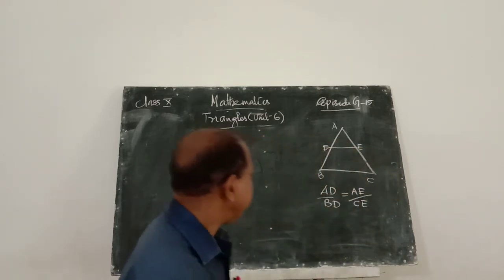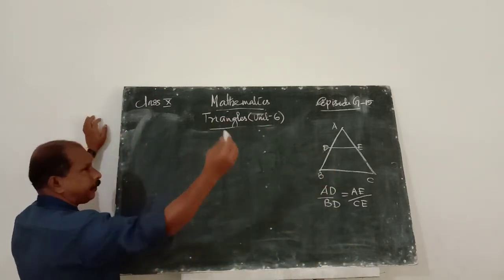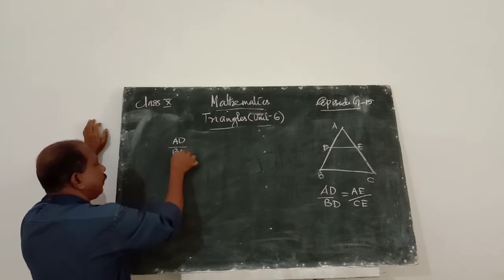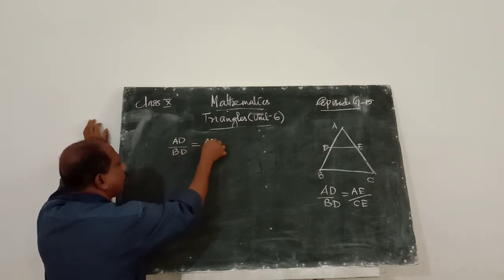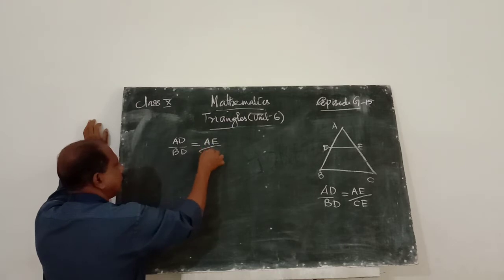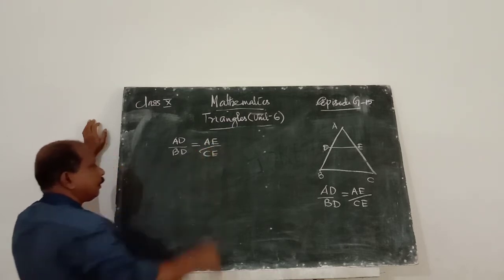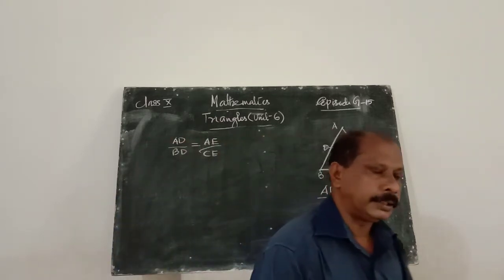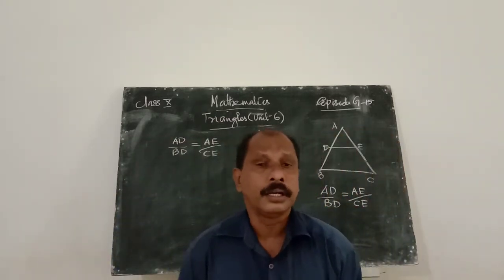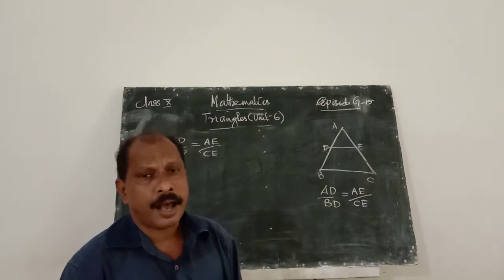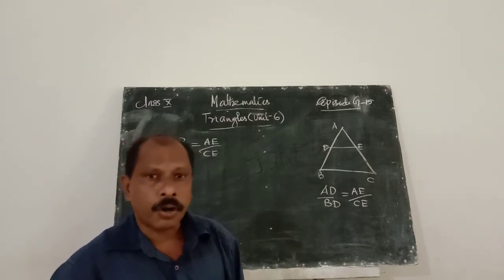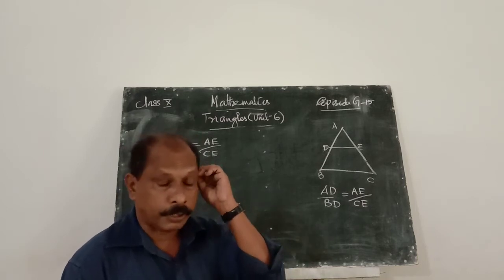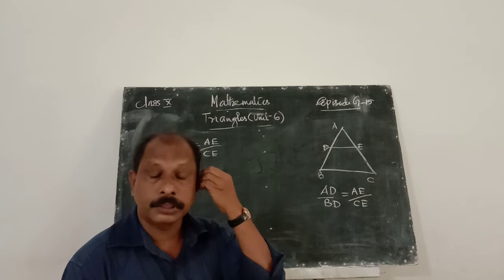Clear? Then, let us consider that theorem, AD by BD is equal to AE by CE. That is an equation. In 9th class Euclid geometry, the basic concepts say that equals added to equals, the wholes are equal. Equals subtracted from equals, the remainders are equal. Equals multiplied by equals are equal.